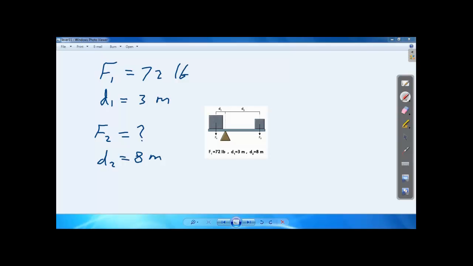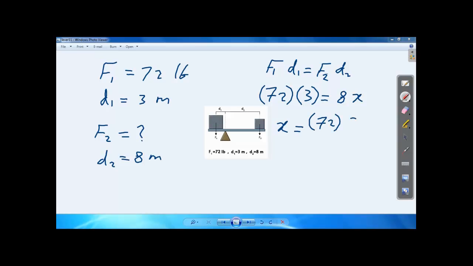To solve this question, we apply the inverse variation. So we say that F1 times D1 is equal to F2 times D2. So 72 times 3 is equal to 8x.